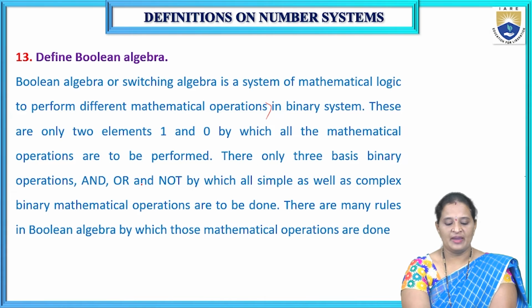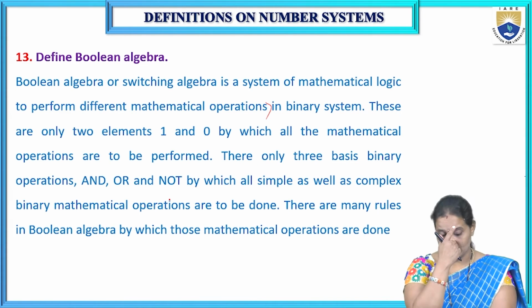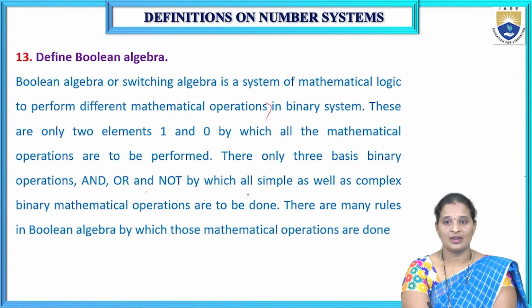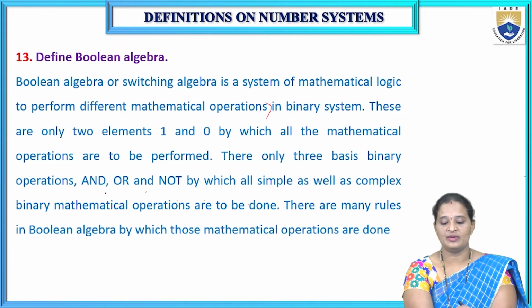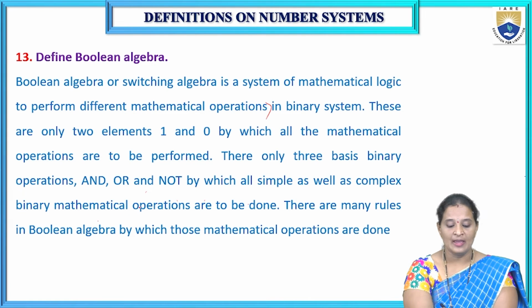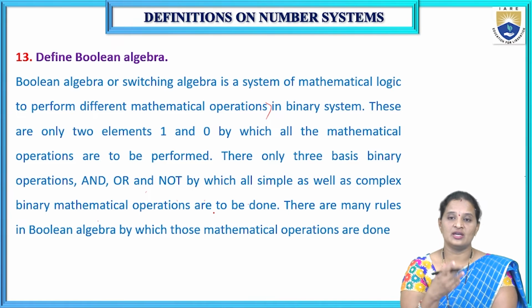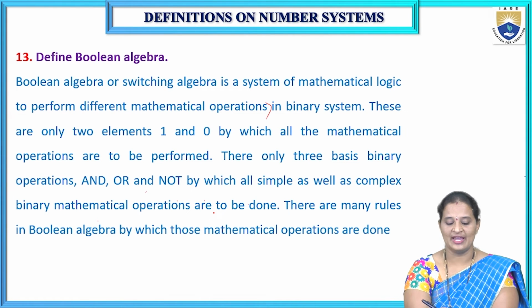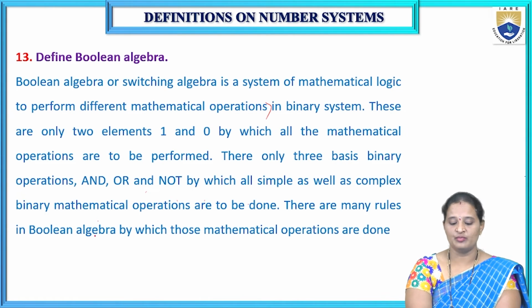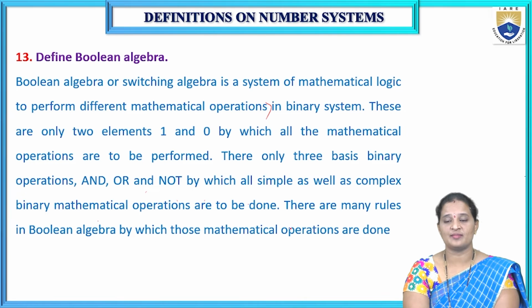There are three basic binary operations. What are they? AND, OR, and NOT, by which all simple as well as complex binary expressions are handled.